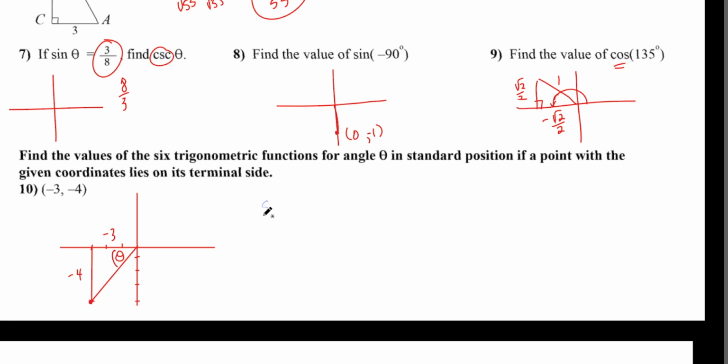What are they? That's the sine of theta, the cosine of theta, the tangent of theta, and then its inverses, correct? What's the inverse of the sine? We just said it. Cosecant. And then the inverse of the cosine is the secant. And the inverse of the tangent, that's always an easy one. Cotangent.